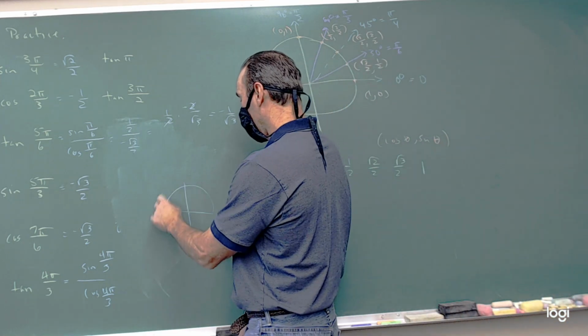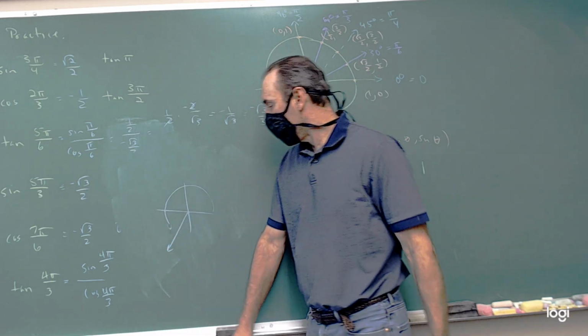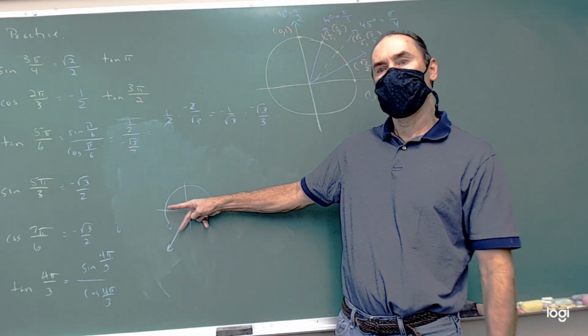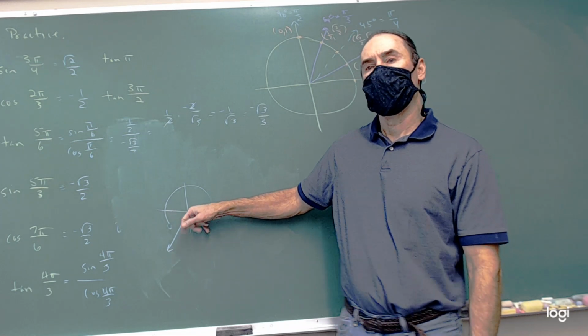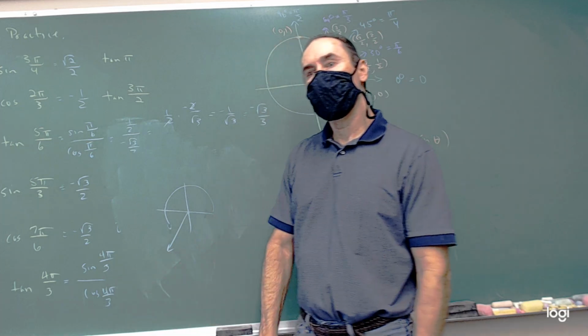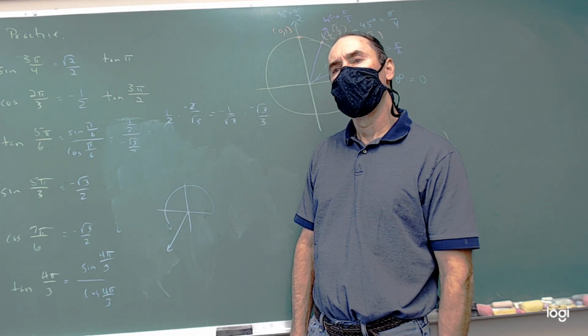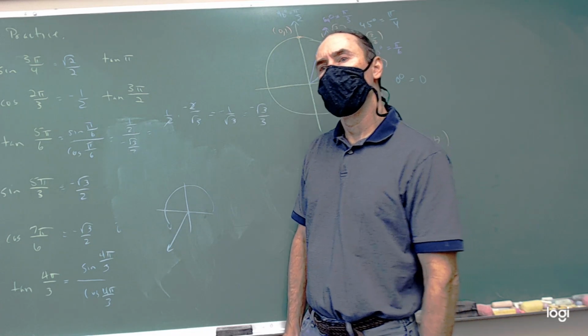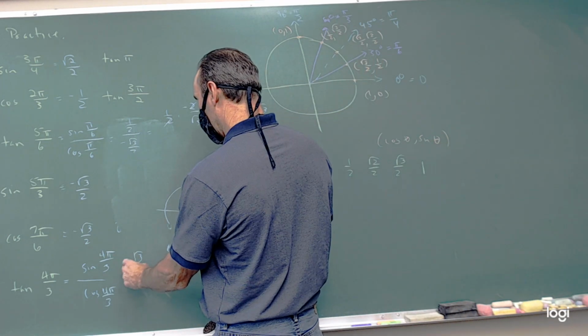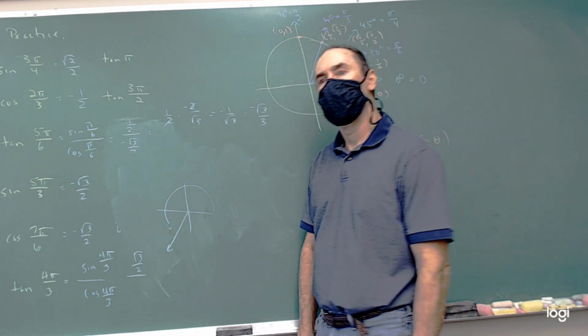So there's 1 pi, and 1/3 pi more is going to take us down here. So our reference angle is going to be pi over 3. So that takes us into quadrant 1. So the sine of pi over 3 is square root of 3 over 2. Good, and the cosine of pi over 3 is 1/2.